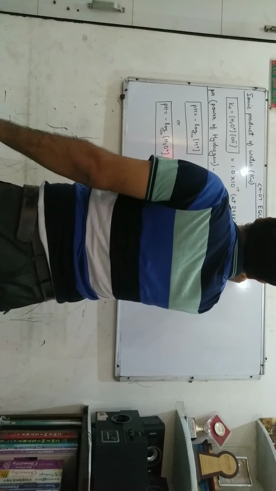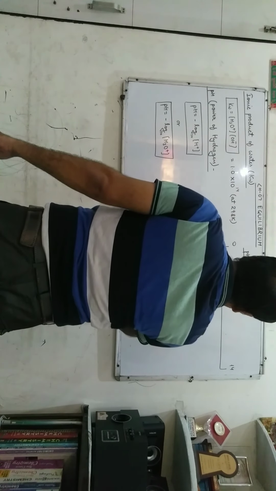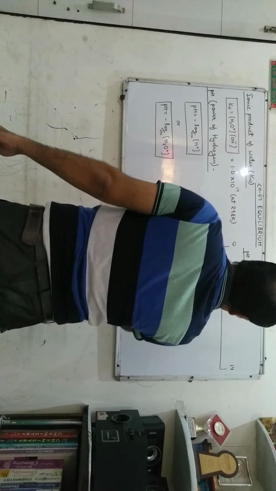Here we must know the pH scale. The pH scale is divided into 14 parts, as already discussed in class 10. Here the 7 indicates neutral.